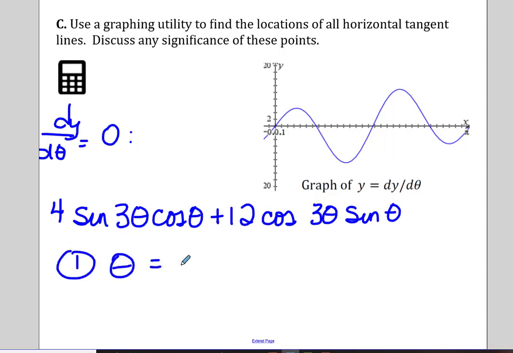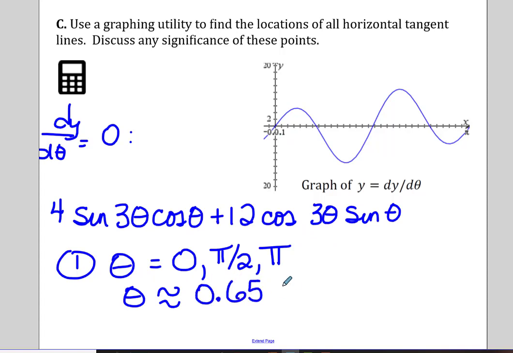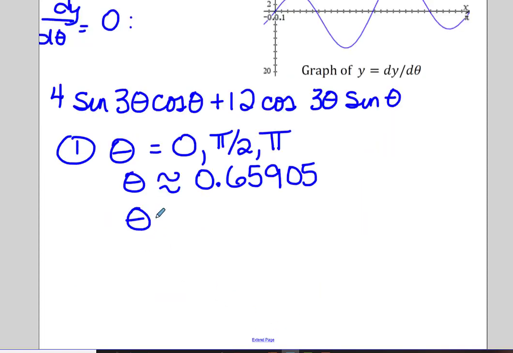And I found that theta is 0, pi over 2, and pi. Theta is also about 0.65905 and about 2.4825.